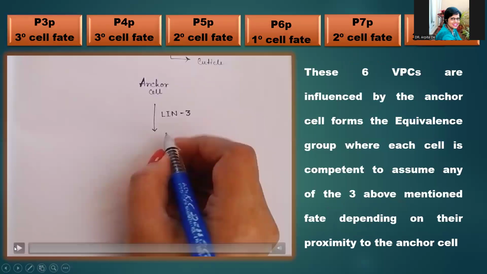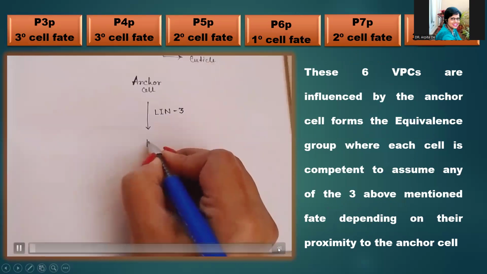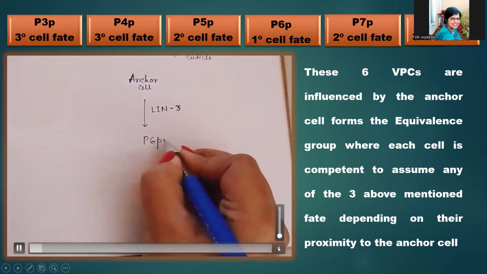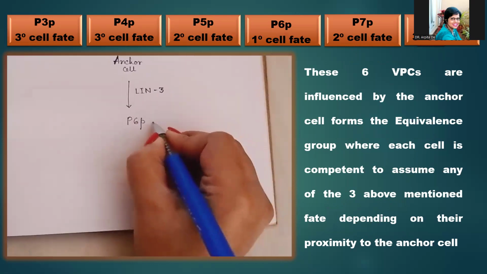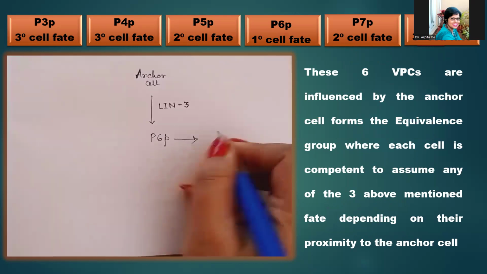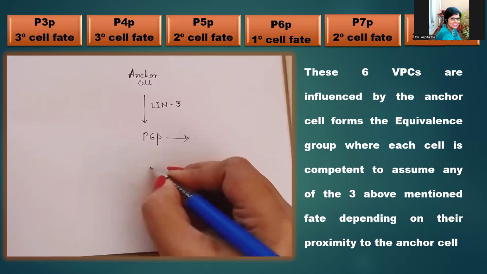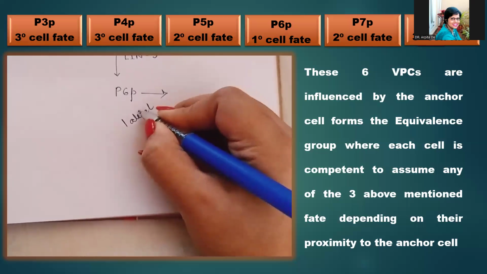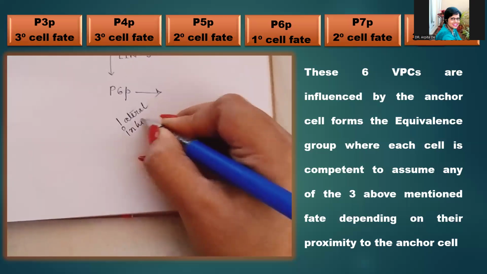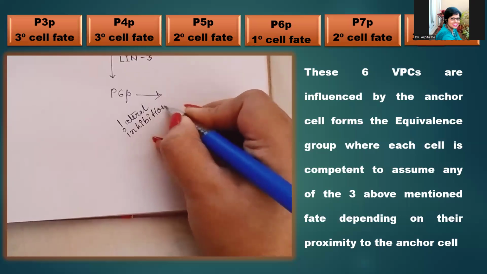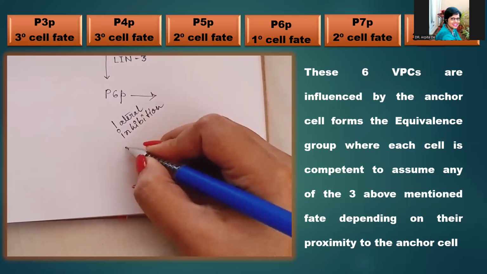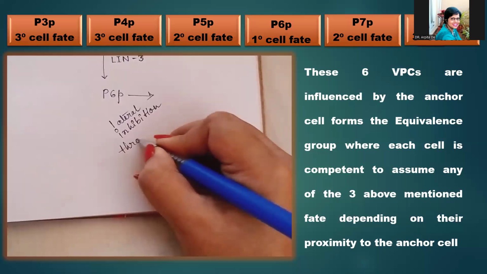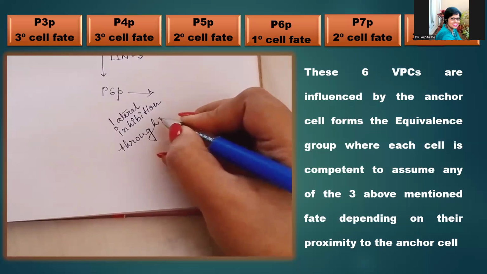Now see, we should know the cascade of events. What is actually happening? The cascade of events is very important. The anchor cell is producing Lin-3, which is forming a gradient. This is directly influencing P6.p, but this has to be kept in mind: something called lateral inhibition. Lateral inhibition plays a very important role here. Now, who is controlling this lateral inhibition?